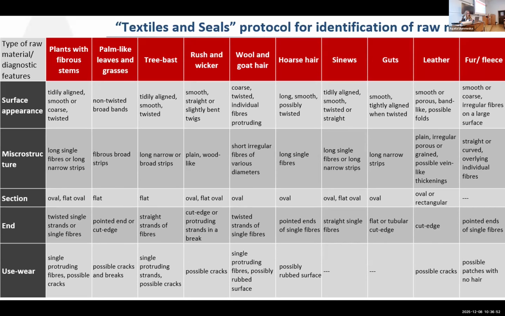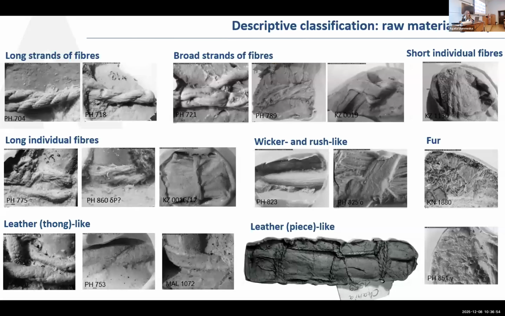And this made me conclude that what we can talk about are groups of raw materials such as long strands of fibers, broad strands of fibers, short individual fibers, long individual fibers, and then fur or fur-like. I like very much to use this term fur-like, and I also define wicker and rush-like and leather-like pieces.